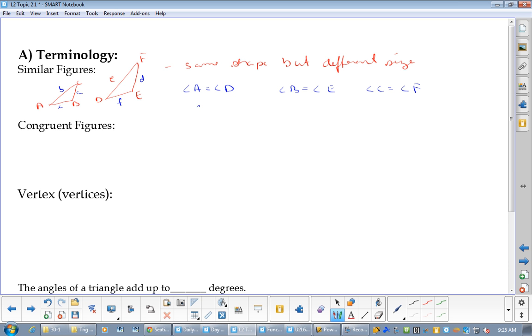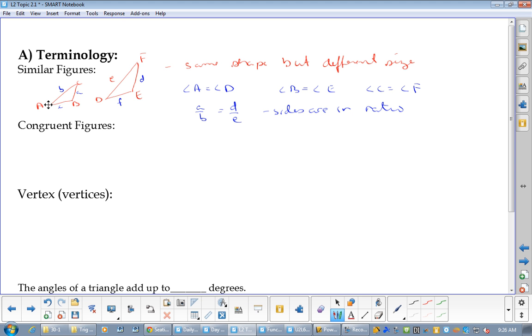So like A over B, if you took A divided by B, that would be the same thing as D divided by E. Okay, so the sides are in ratio. Okay, and we'll talk about that more later. This is just kind of going over it quick.